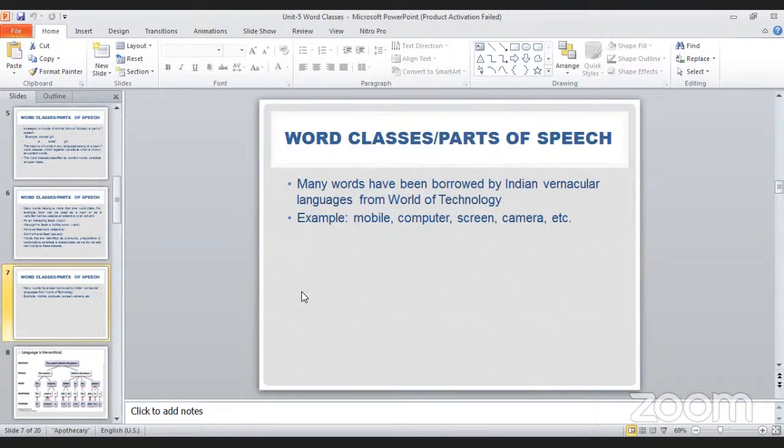For example, all the gadgets that we are using, the computer or the desktop, or your smartphones, WhatsApp, now everybody is speaking about it, irrespective of their mother tongue. Even if their mother tongue is Urdu or Telugu or Malayalam or Tamil, they use the word computer only. There's no new word for a computer. The word is the same in every language. That is what they mean to say.